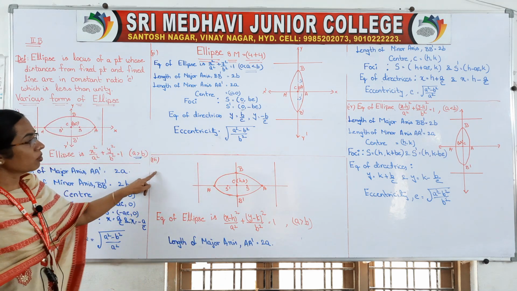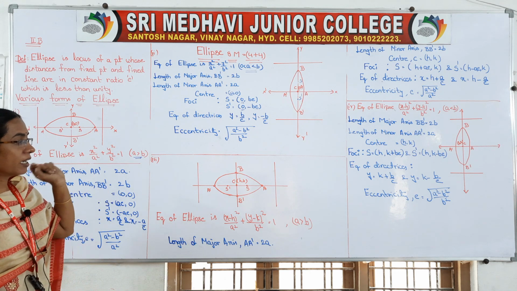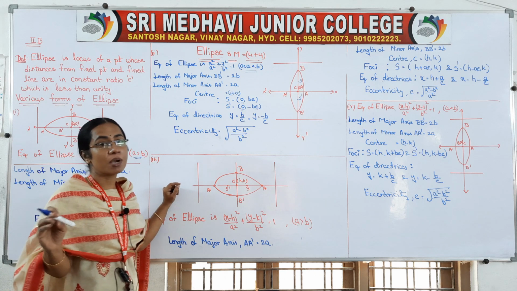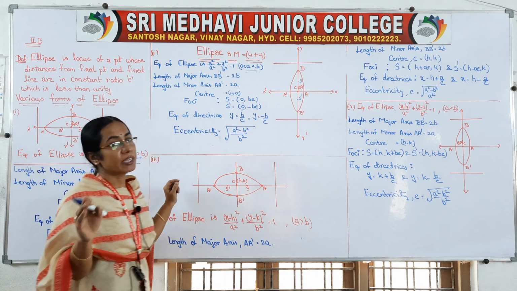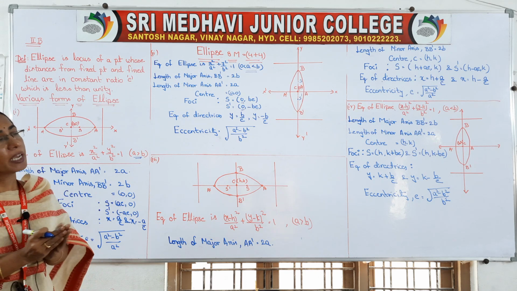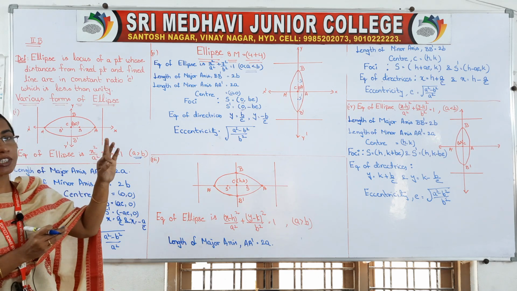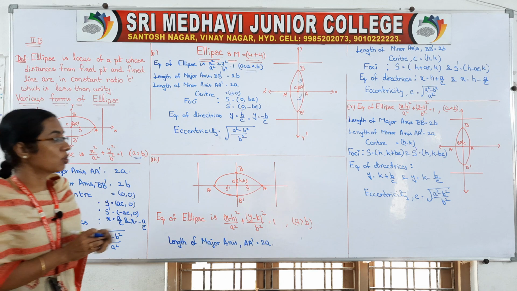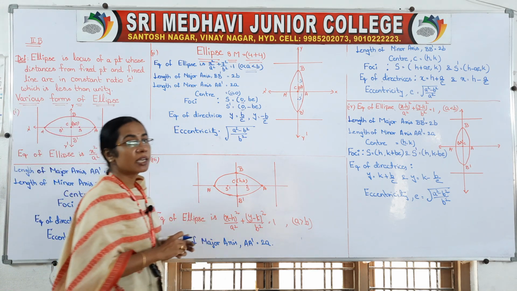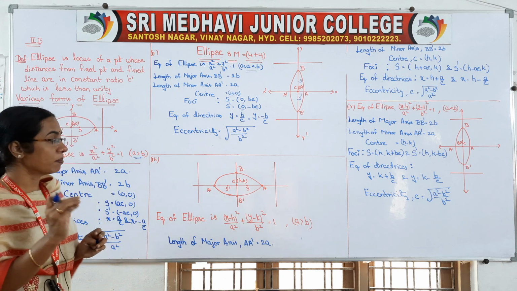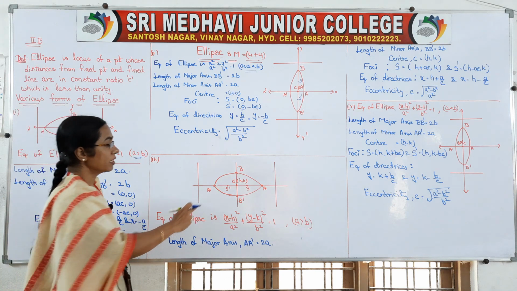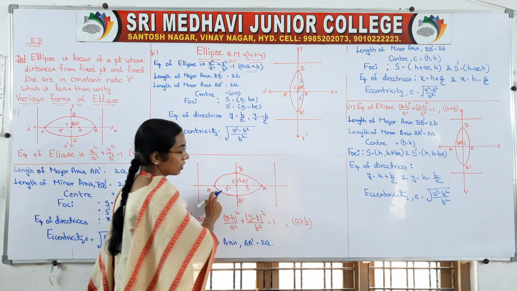Okay. Now come to the third case. In this third case, our center is not (0, 0). The center will be some point (h, k). In the first two cases our center is (0, 0), and in this third case your center is (h, k). Some point will be the center of the ellipse. So this is your elliptical curve.